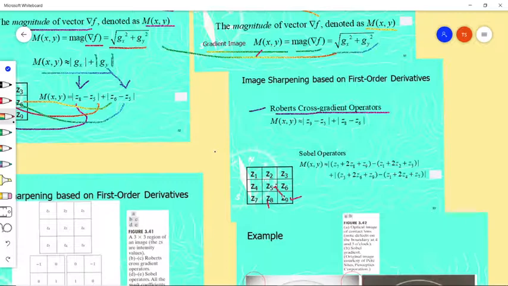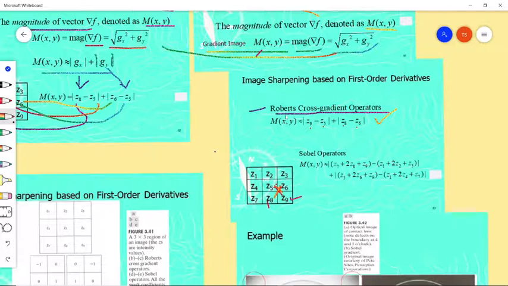This is cross subtraction within the mask. Z9 is subtracted with the center pixel, Z9 minus Z5, Z8 minus Z6. This is g of x, this is g of y, the x coordinate and y coordinate. Clear?